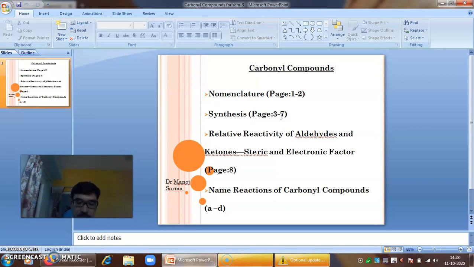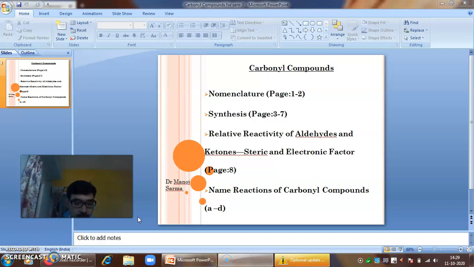Calcium is divalent. So therefore two HCOO groups, formate groups, are attached with the calcium. When it is distilled, you will get formaldehyde. When calcium acetate and calcium formate mixture is distilled, that means heated, and then distillation takes place, then acetaldehyde is formed.